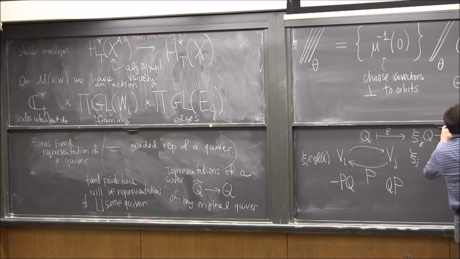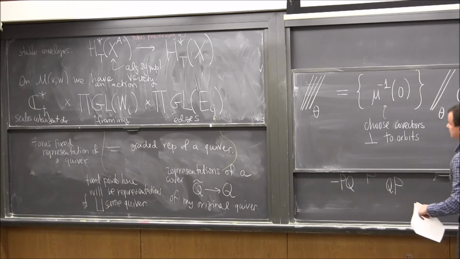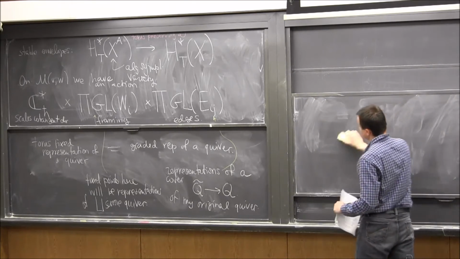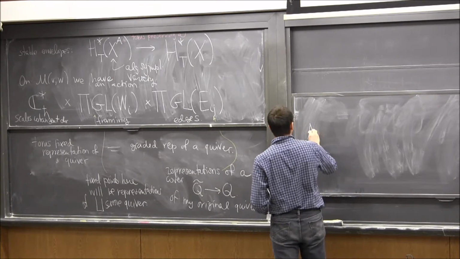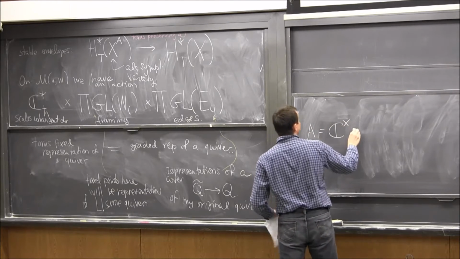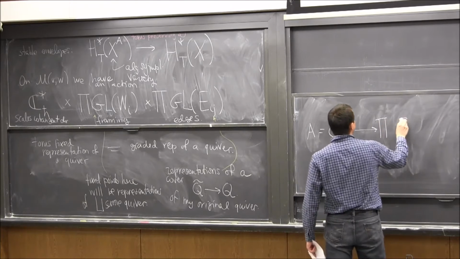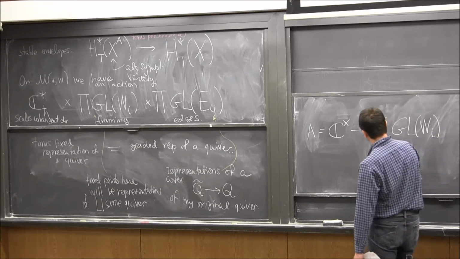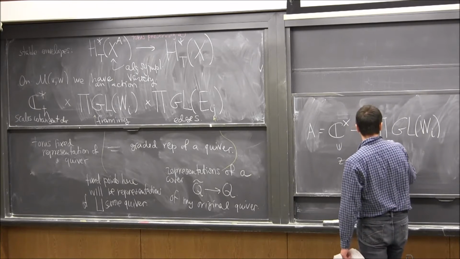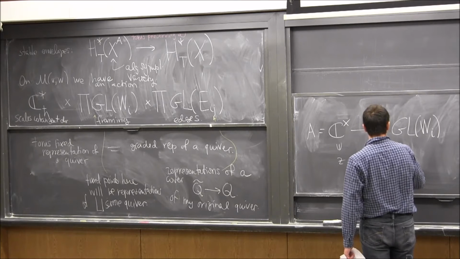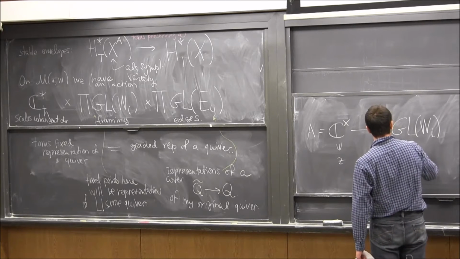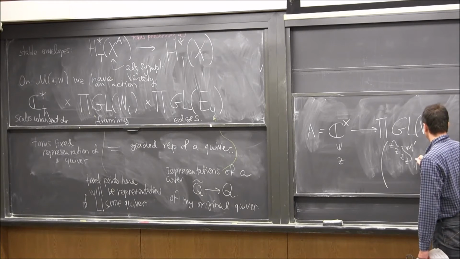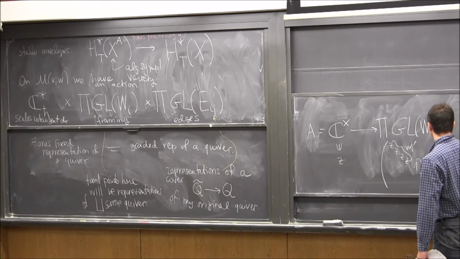So what's going on? There's nothing mysterious going on; it's something elementary. Suppose I choose a C star, call it A, which is a positive group that goes to the product of GL(W_i)'s. An element z goes to a matrix which has W_i prime eigenvalues equal to z and W_i double prime eigenvalues equal to 1.